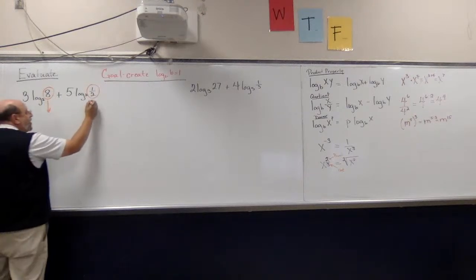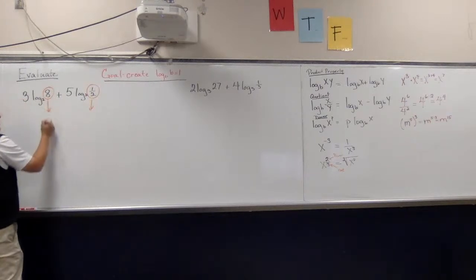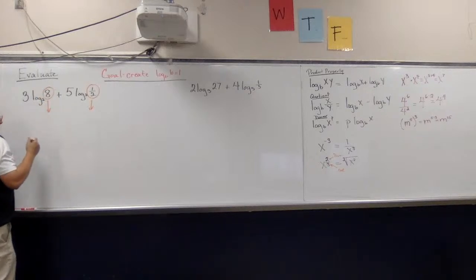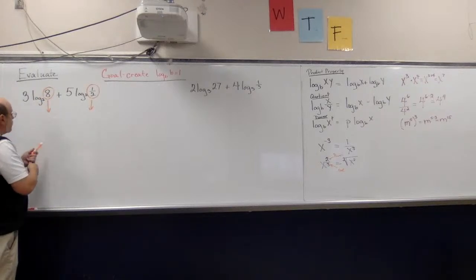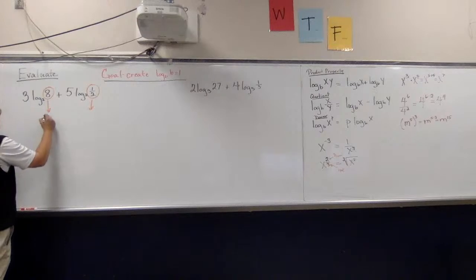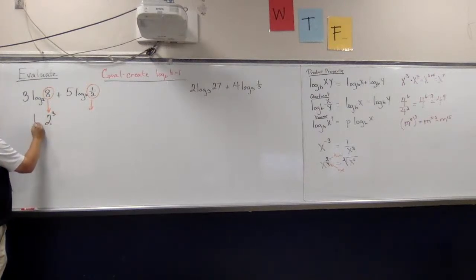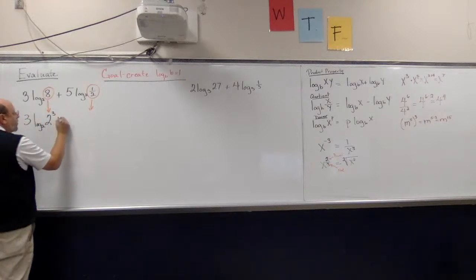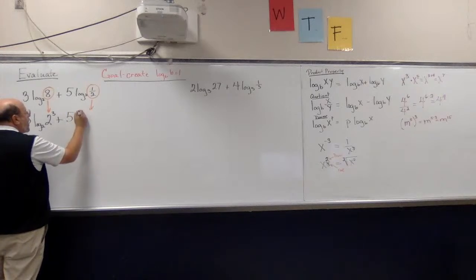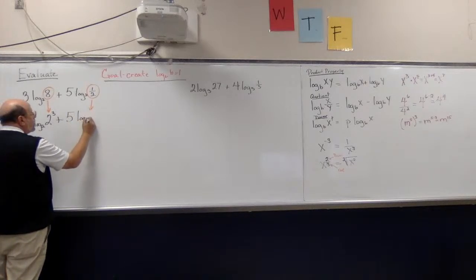Well, I know how to do this one. Everybody knows that 8 is 2 cubed. 2 cubed. And then we'll write in our log base 2 and our 3. We'll still add, you've got 5 log 2.